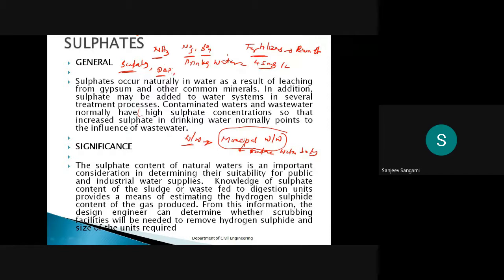So through this also, during agriculture runoff in rainfall, it will enter a surface water body. So we get sulfates and nitrates through municipal wastewater, and through agriculture runoff from the fertilizers, they reach a surface water body.